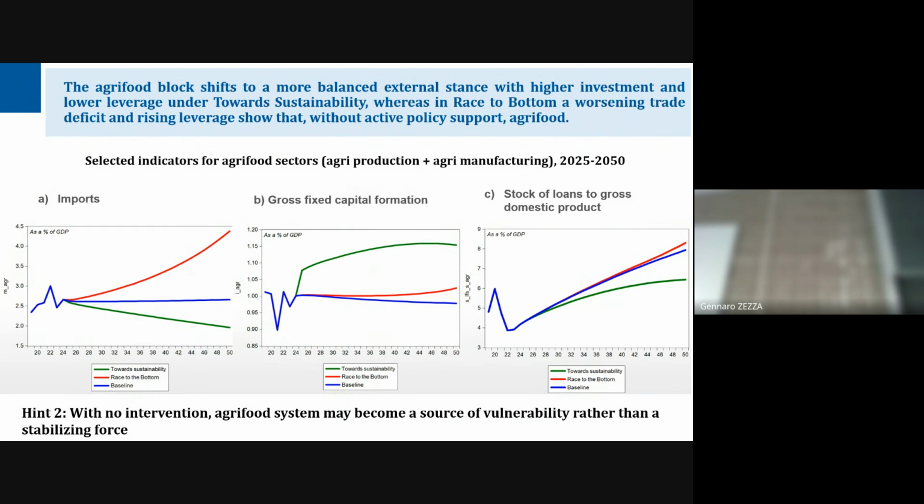And in the worst case scenario, there is an increase in imports and a decrease, for example, of fixed capital formation. It's interesting here the difference between the two scenarios is 2% of GDP, which for a specific sector, I would say, is pretty significant.